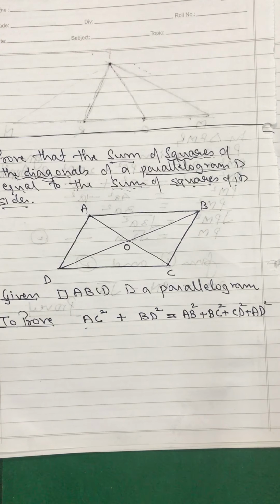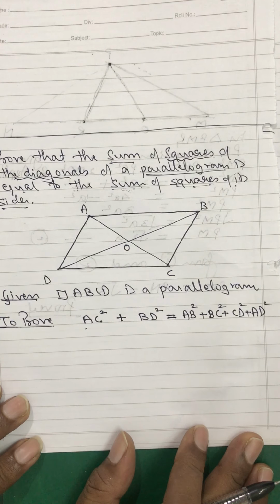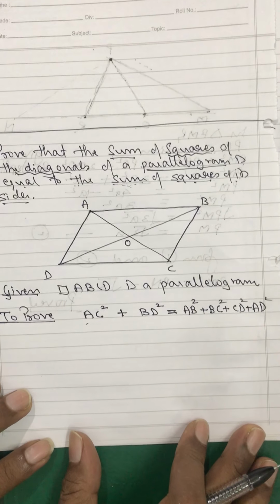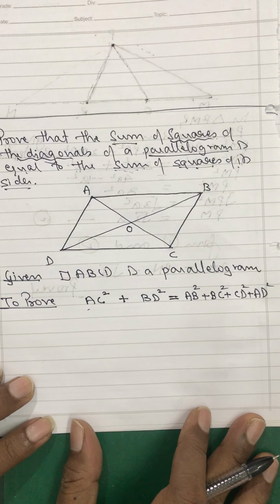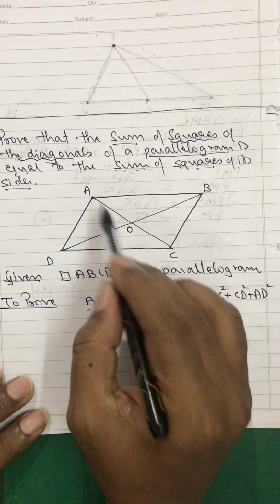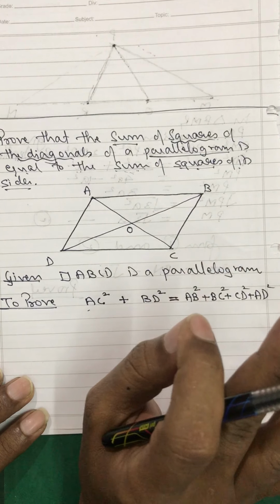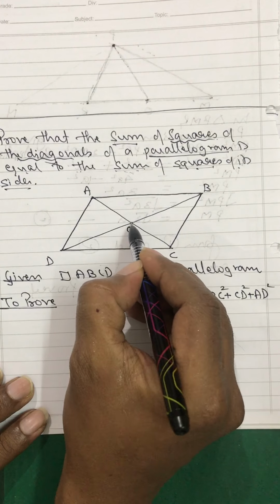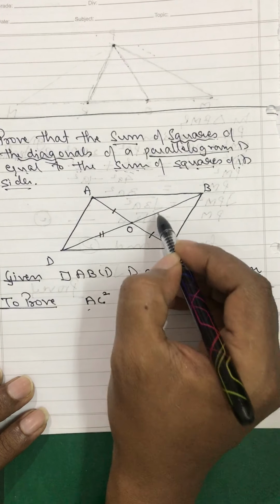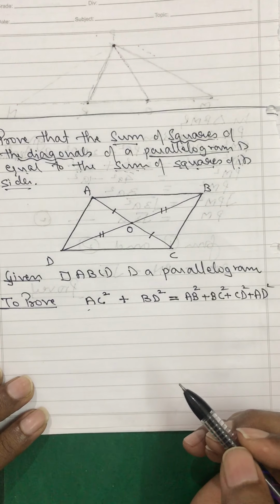We have done this sort of question before, where it was a rhombus. My dear students, first of all you have to be very strong with the properties of the parallelogram, rhombus and all. If it is a parallelogram, the diagonals bisect each other. That means O is the midpoint of AC and O is also the midpoint of BD.